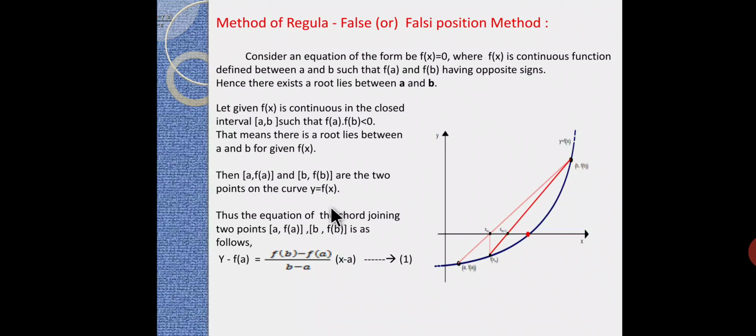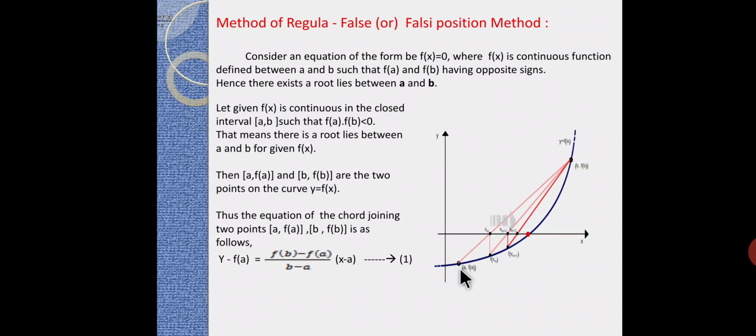So first of all, we search for the points a and b such that f(a) and f(b) have opposite signs, so that there will be a root of f(x) = 0 between a and b. Geometrically, these points are denoted (a, f(a)) and (b, f(b)) on the curve y = f(x). This is the curve y = f(x).